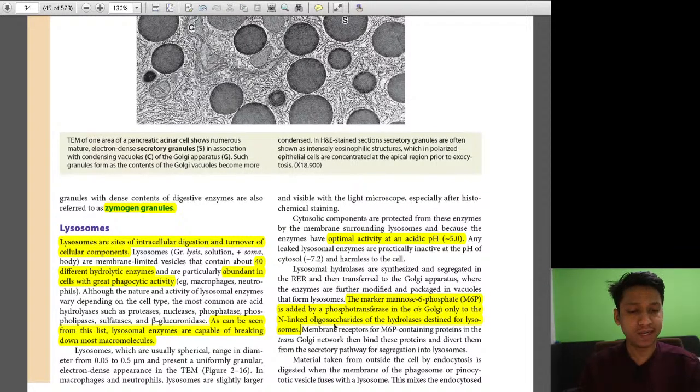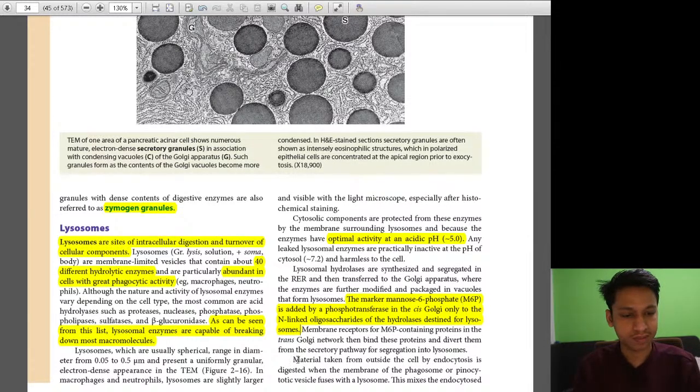Membrane receptors for M6P-containing proteins in the trans-Golgi membrane then bind these proteins and divert them from the secretory pathway to segregation into lysosomes. So this packaging is important for identification. When we have a marker M6P, the trans face of the Golgi knows that this has to be packaged in the form of a vesicle, and through a secretory pathway these proteins which have a marker M6P are segregated into the lysosomes.